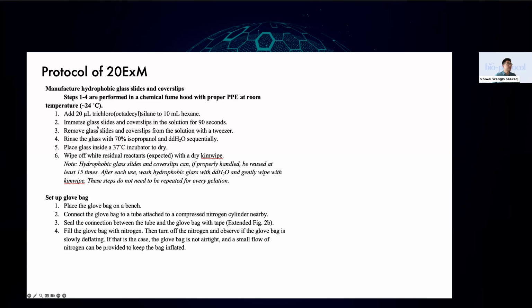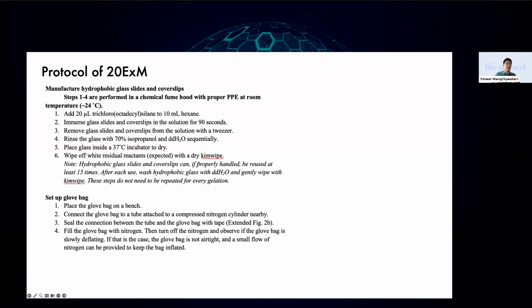And then you just need to take out the glass slide and cover slip from the solution with a tweezer, wash it with 70% isopropanol or ethanol first, and then water, and just allow it to dry in a 37-degree incubator. I usually keep the door open so the drying is faster. And you want to ensure that the glass is completely dry before you start to wipe off the residual reactants on the surface. And this is expected. Usually you will have some white residual chemicals.